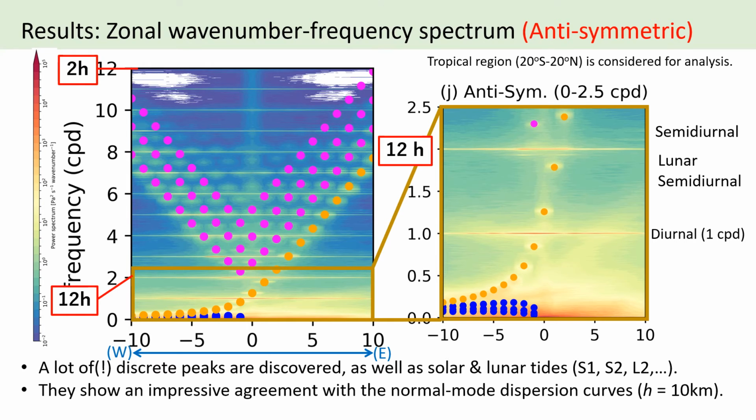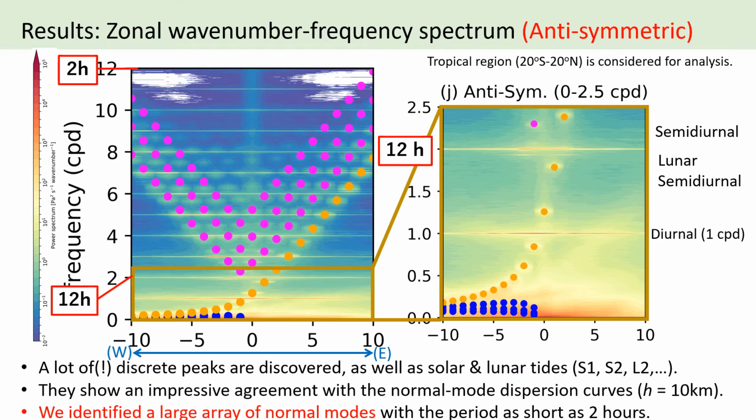In this case, we have Rossby gravity wave modes. And anyway, the spectral peaks show an explicit agreement with the normal mode dispersion curve. So this indicates that we identified a large array of normal modes in the surface pressure data with periods as short as 2 hours for the first time.